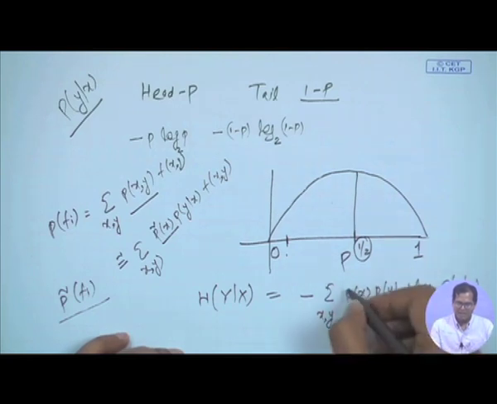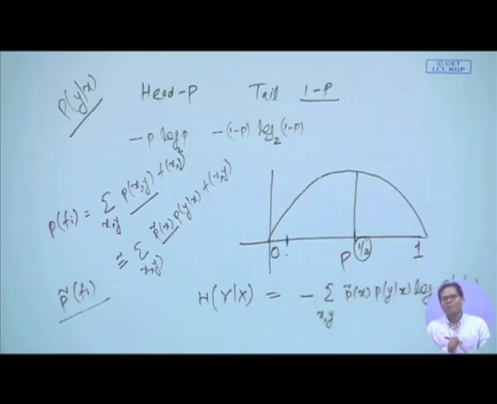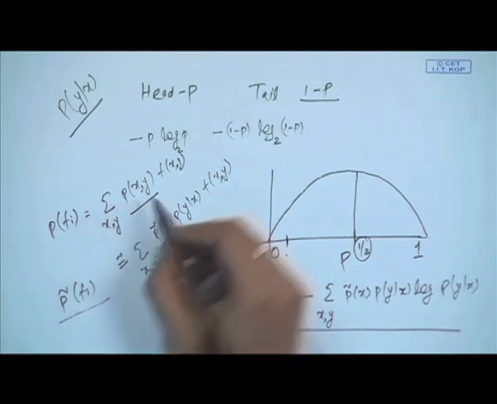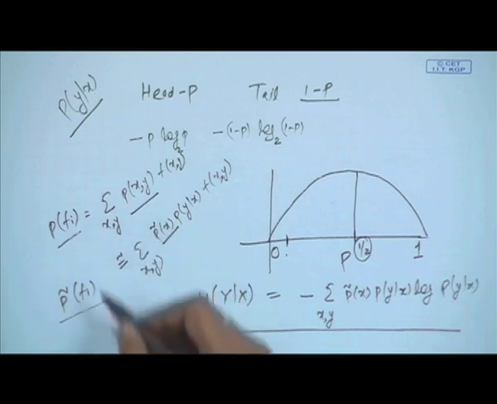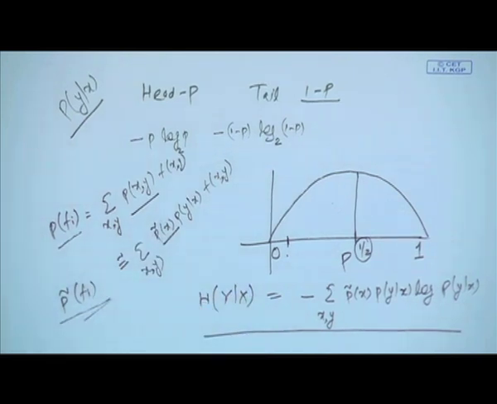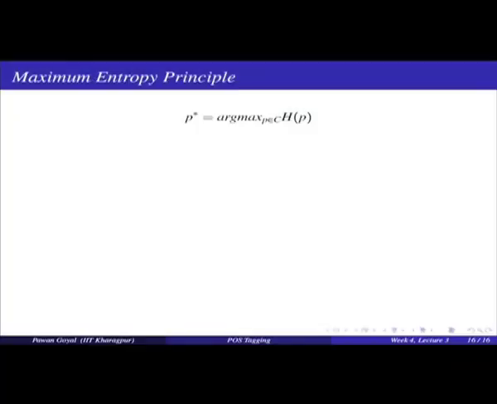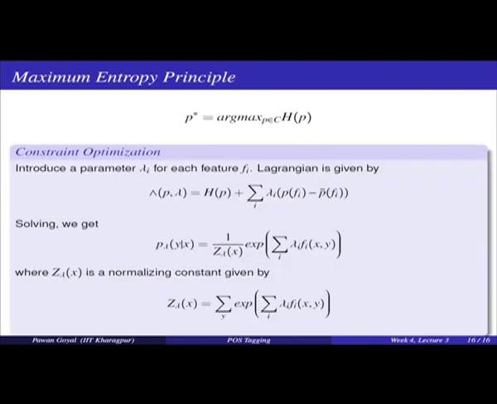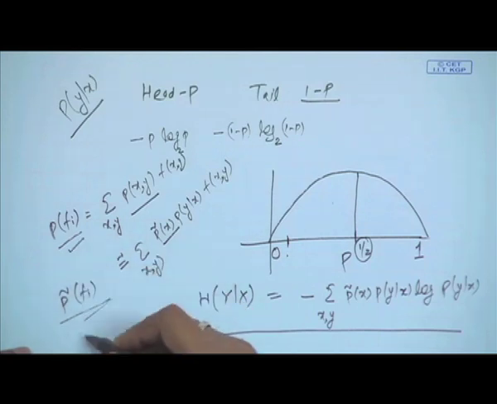Again, we will approximate p(x) by p tilde. This is my maximum entropy model, and I want to maximize it subject to the constraint that this and this are equal. So I maximize this H subject to these constraints.